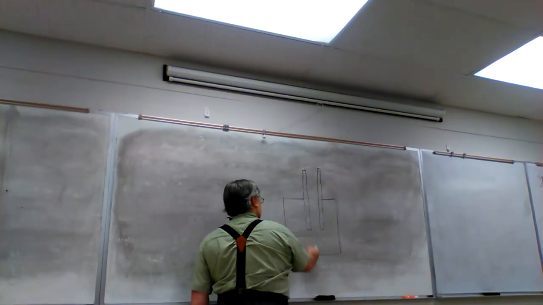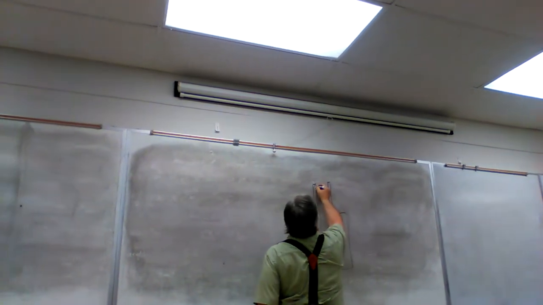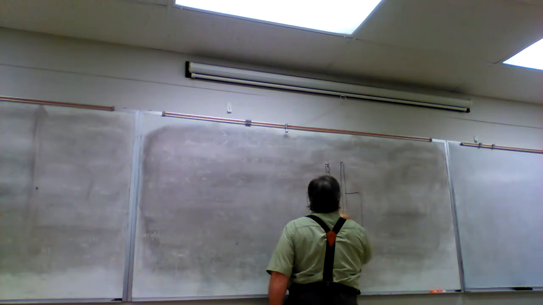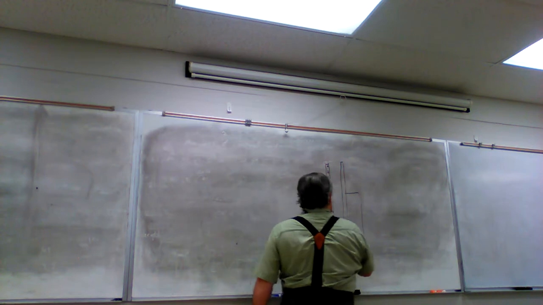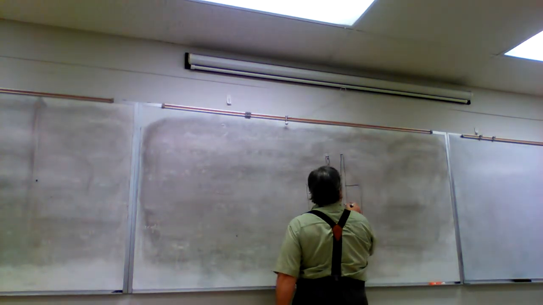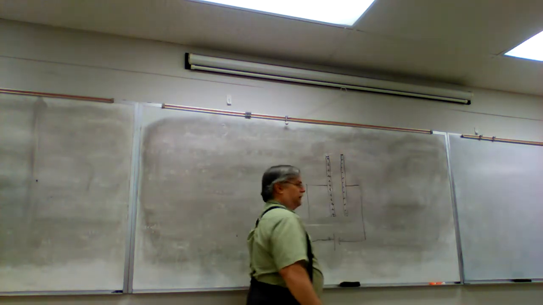This plate is going to draw electrons out of this plate, leaving it positively charged. This side is going to push electrons to the plate, leaving it negatively charged.